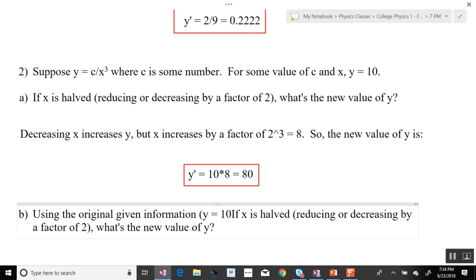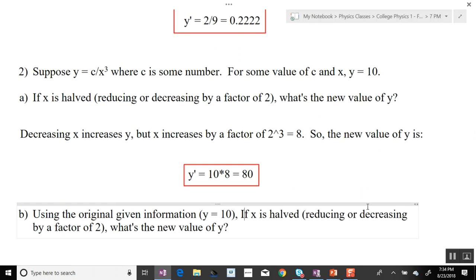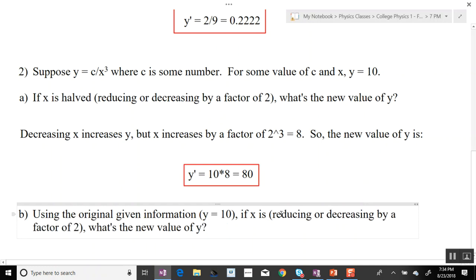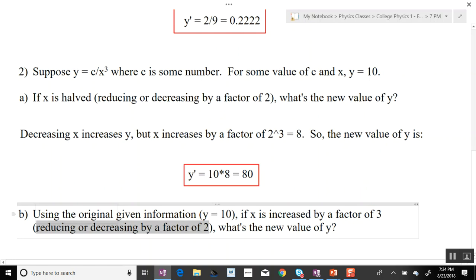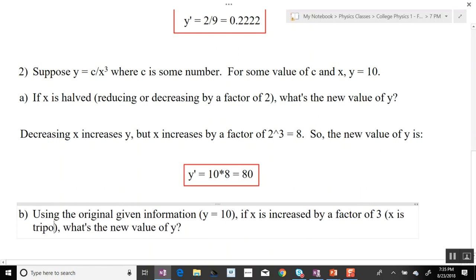It's not 80, right? We're back to 10. If x is increased by a factor of 3, which is the same thing as saying it's tripling x, right? You can say x is tripled or increased by a factor of 3. Then what's the new value of y, right?